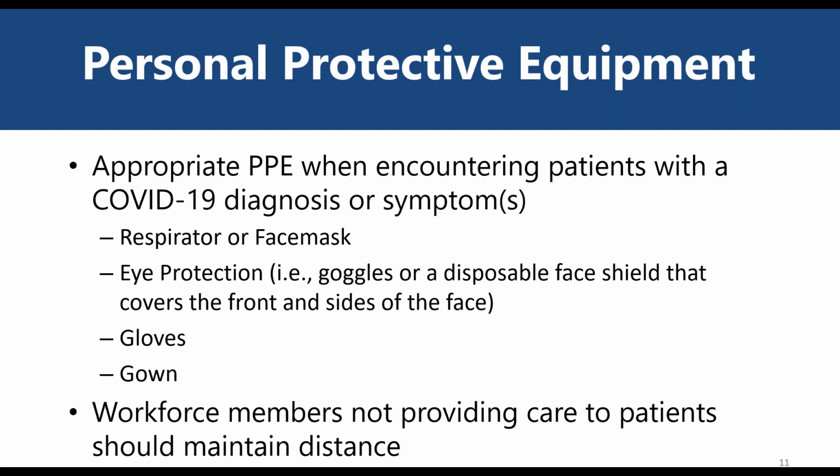CDC guidance does recommend a respirator, face mask. We know that. Eye protection could be appropriate for a lot of procedures that are happening, particularly if there's a risk of any droplets. Gloves, that goes without saying. And a gown might be appropriate, especially if there's a COVID-19 diagnosis that you are definitely aware of.